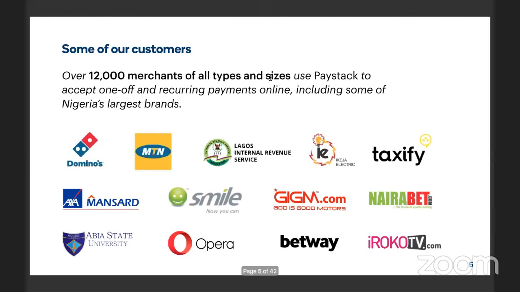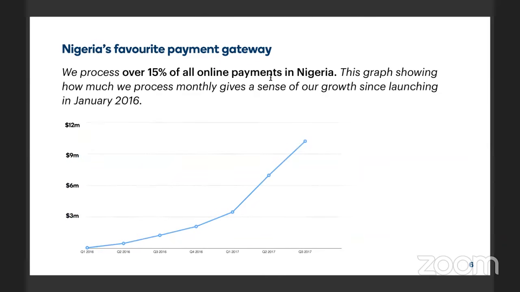Right now, Paystack powers a lot of businesses of all types. We help them receive both recurring payments and one-time payments, so it's easy for businesses now to collect payments.